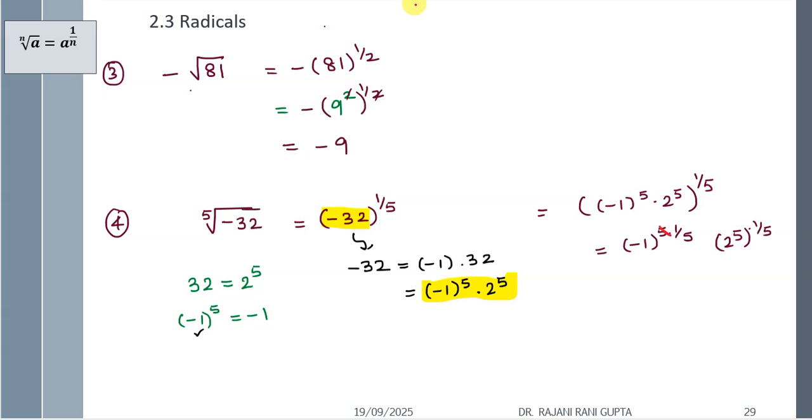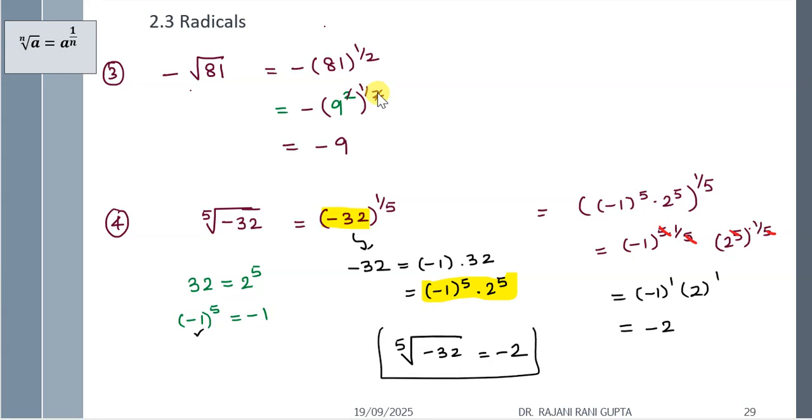Cancelling these powers, you will get minus 1 to the power 1 and 2 power 1, which gives you minus 2. So you have the value of the fifth root of minus 32 as minus 2. So this is how you work. Now you are dealing only with numbers here. Okay. Now what happens if you have variables inside?